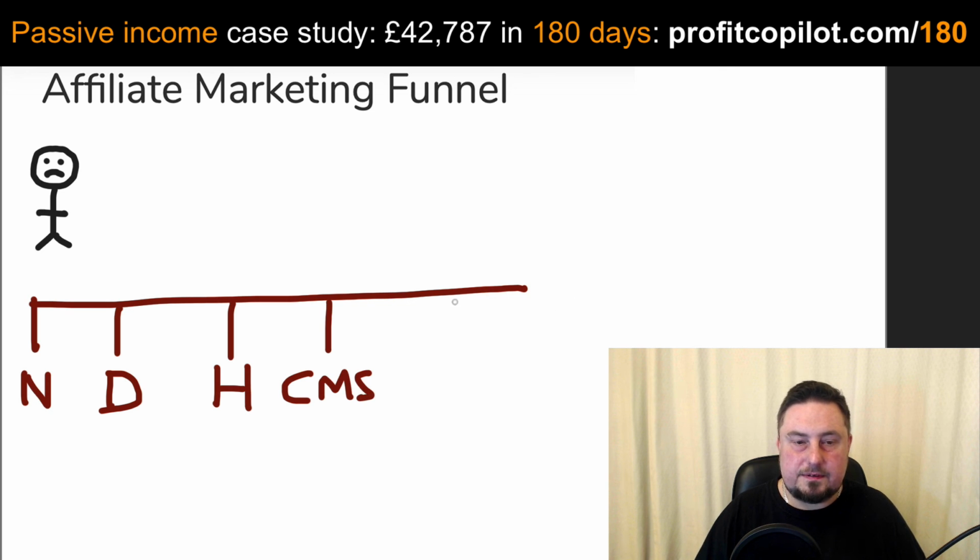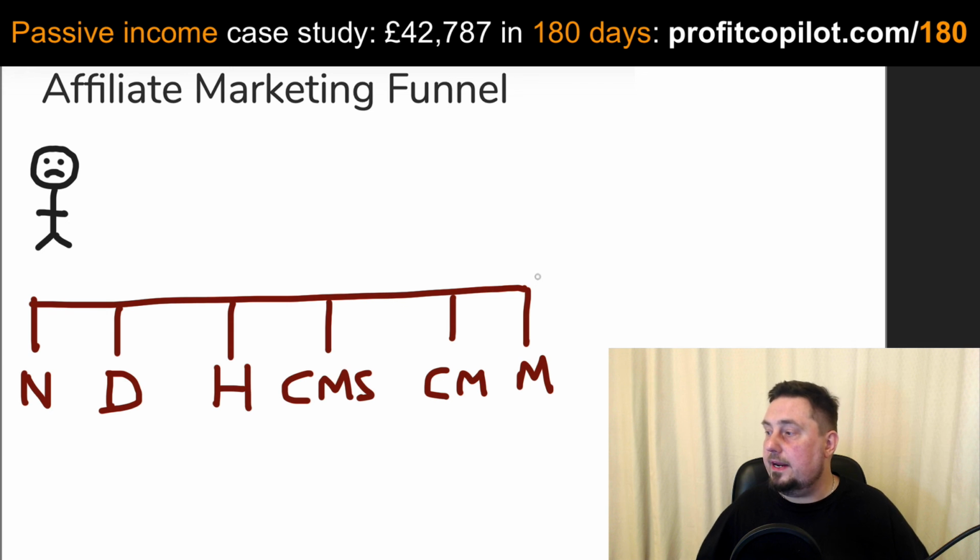Then he's going to have to learn content marketing. So put a CM on there, and then he's going to have to learn marketing strategy. So let's just put an M on there. So that could be a very rough customer journey for someone who wants to make money on the internet.